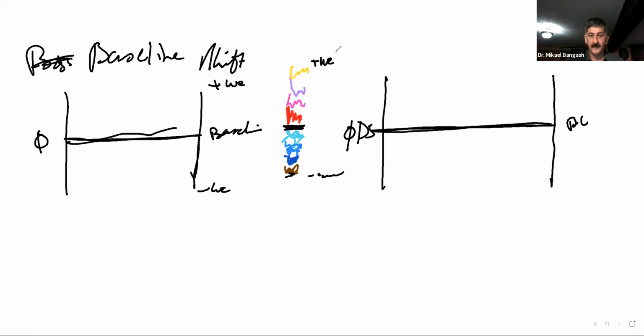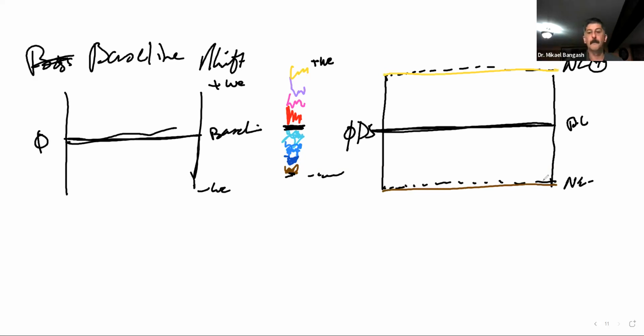Now let's say, I hope everybody knows what this is: this is your Nyquist limit, or the Nyquist limit of your positive Doppler shift. This here is your Nyquist limit of the negative Doppler shift. Is that clear?